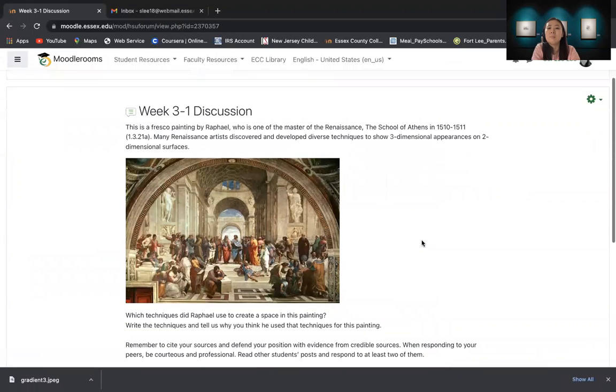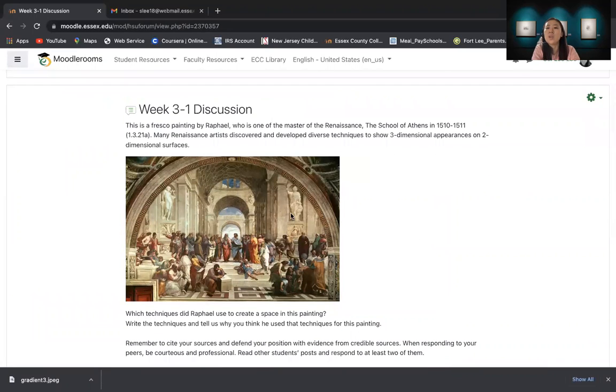Please answer: which implied space technique did Raphael use in this painting? That's today's discussion. And please write why you think he used that implied space technique for this painting. That's all.